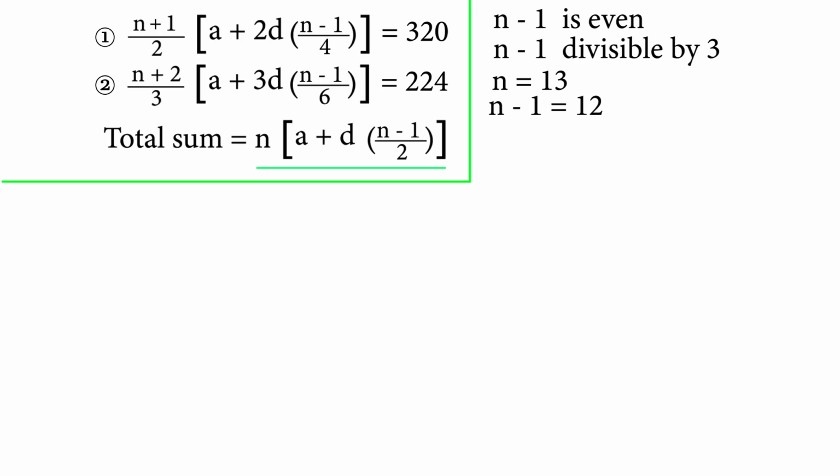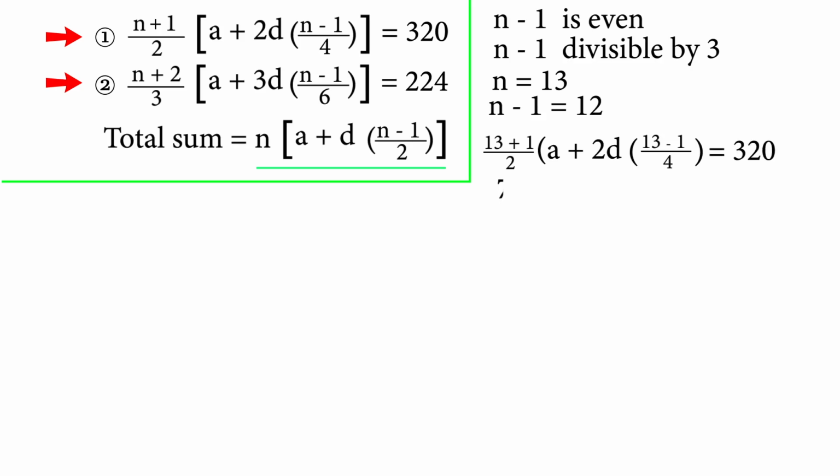Let's see what we get for equation 1 and for equation 2. For equation 1, that will give me (13 plus 1)/2 times (a plus 2d) times (13 minus 1)/4 is equal to 320.